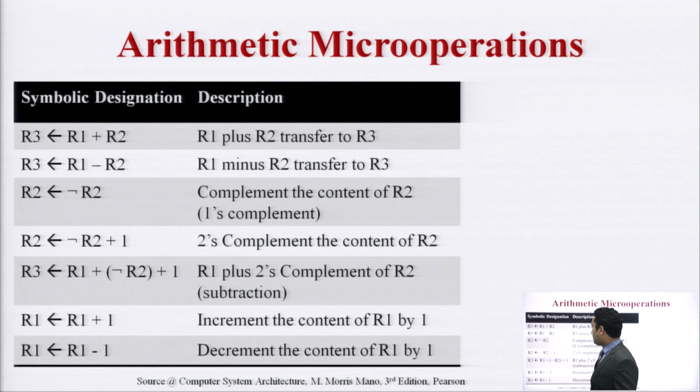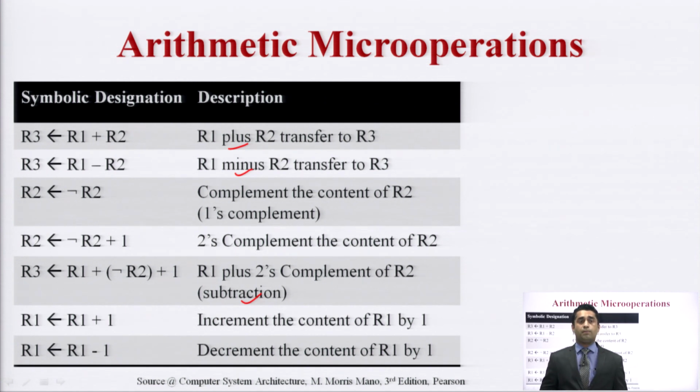This is a list which is saying we are talking about addition, we are talking about subtraction. This is a general minus and this is subtraction, where we are using the 2's complement representation. Similarly, we have an incrementer circuit, decrementer circuit. So how are we going to perform these micro operations?